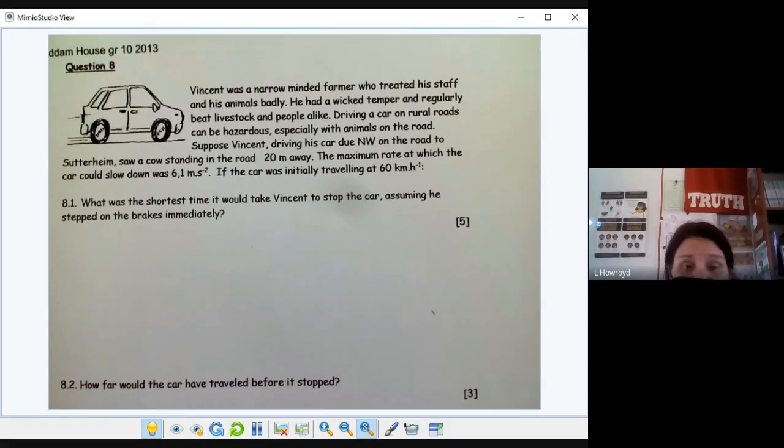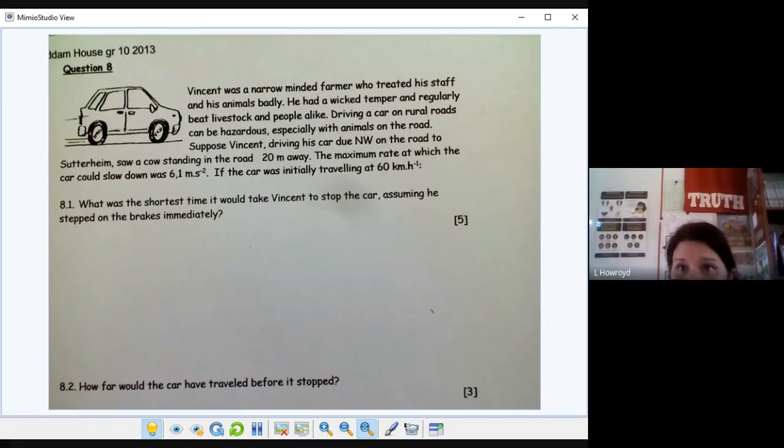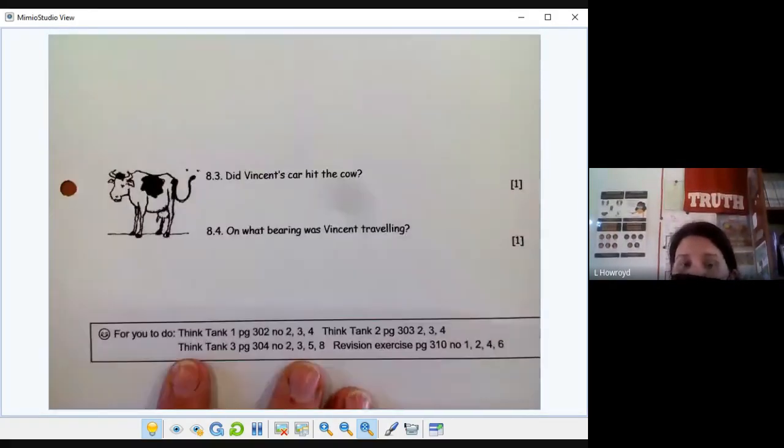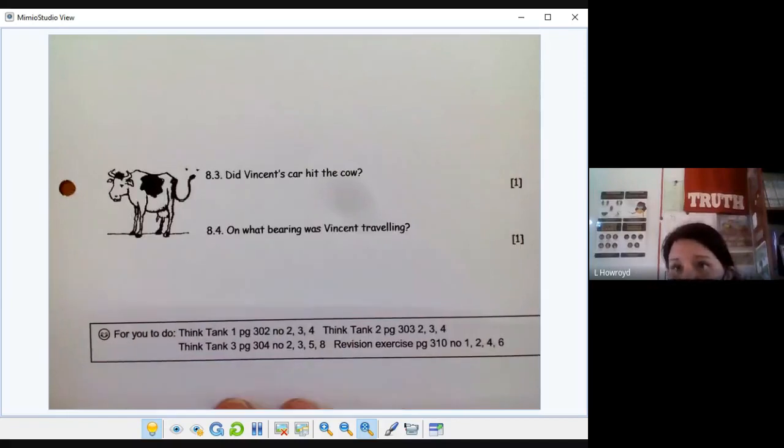So it's not going to be for homework. In the last 15 minutes of this lesson, I want you to do number 8 now. The think tanks are not going to be for homework. We're going to continue with them on Monday. That way as well, any girls coming to get their notes will get their notes on Monday afternoon, and then we'll start the new notes on Tuesday.